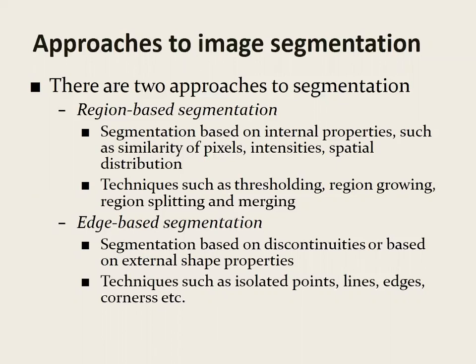Maybe the image contains sky, river, grass, human beings or animals. We want to identify all the elements that are available within the image. So by following the discontinuities, we can still identify them.